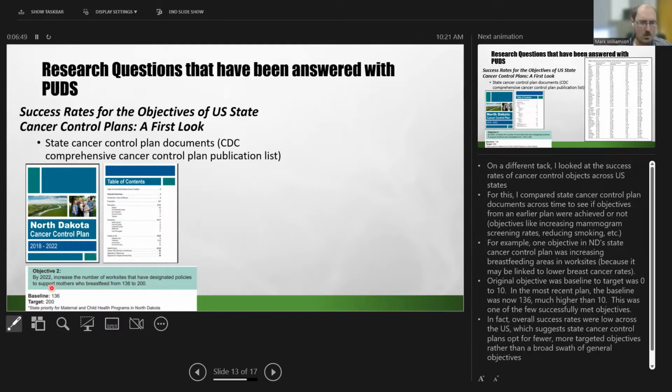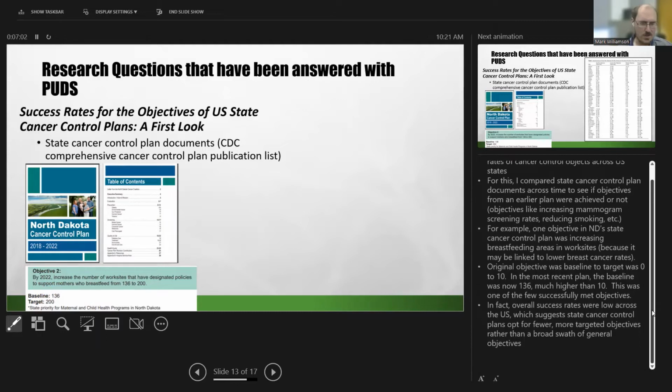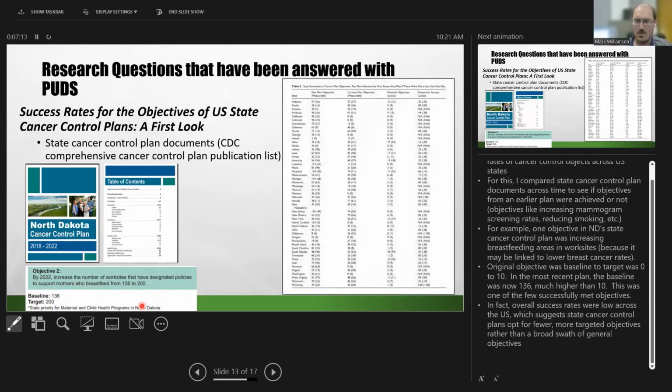And then this is the more recent one in 2022. We see that their baseline is already 136, which means they clearly succeeded in their early objective of getting up to at least 10. While this was a successful objective, it turns out it was only one of the very few successfully met objectives for North Dakota and, in fact, the US overall.